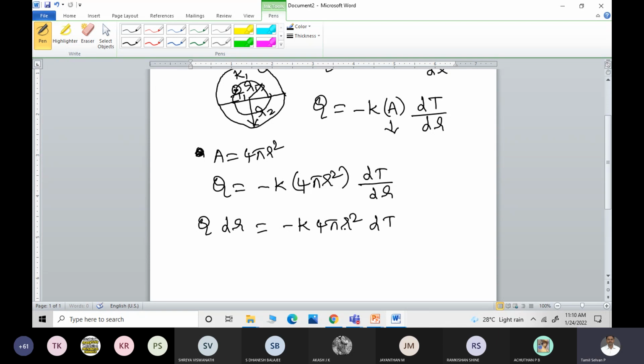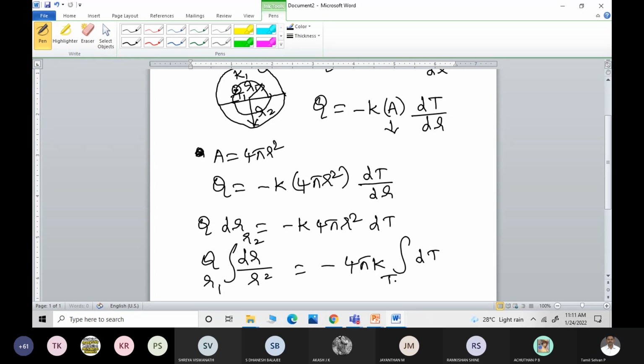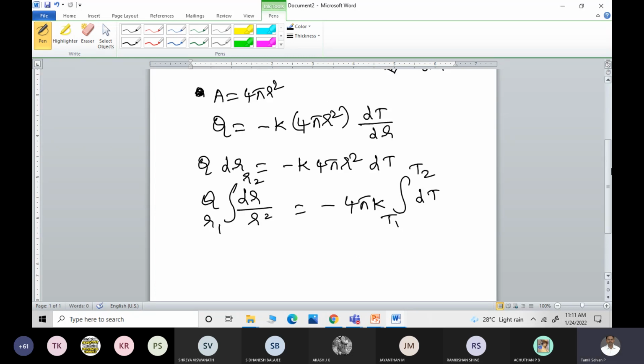This r squared goes to the other side. Q dr by r squared, integral from r1 to r2, equals minus 4 pi k into integral dT from T1 to T2.